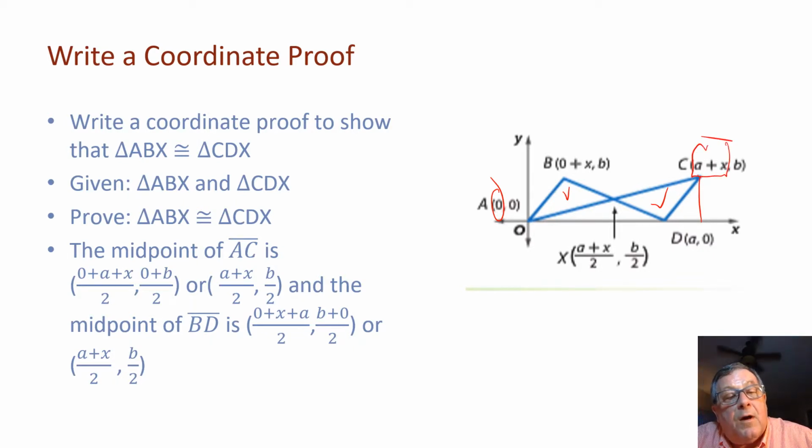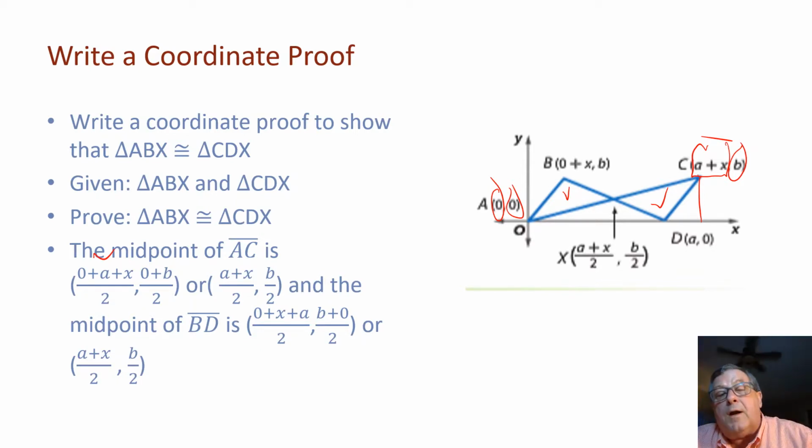So we see that right here over 2. And then y1, y2, well, y1 here on AC, which is what we're talking about, is 0. And the y coordinate is B, also over 2. And if we simplify that, we've got A plus x over 2, B over 2.